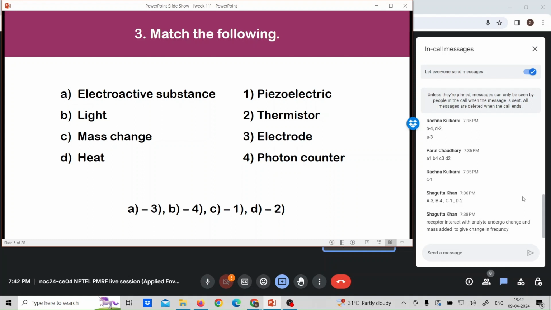We all know a thermistor is going to sense heat changes, thermal basically. How does it do that? In piezoelectricity, we saw that mechanical stress applied over a material induces voltage, or voltage applied to a material induces mechanical stress. This causes a difference in oscillations in the crystal, and that can be detected. Similarly, in the case of a thermistor, what are we detecting and how are we detecting it?